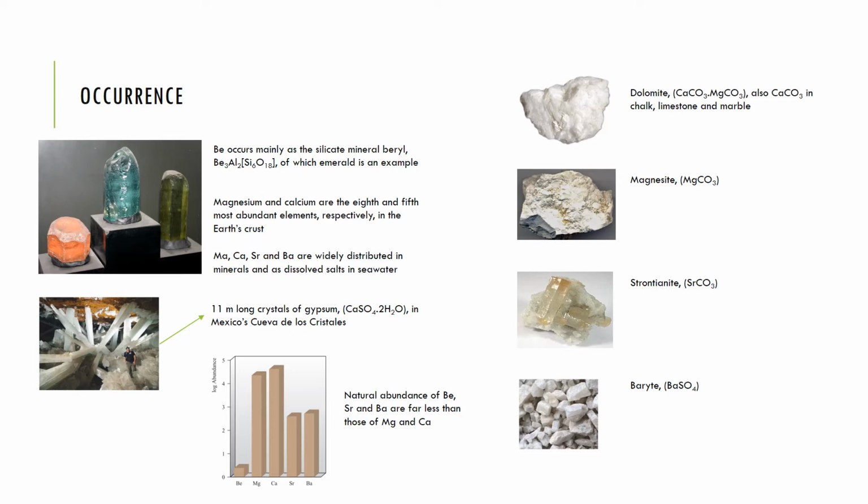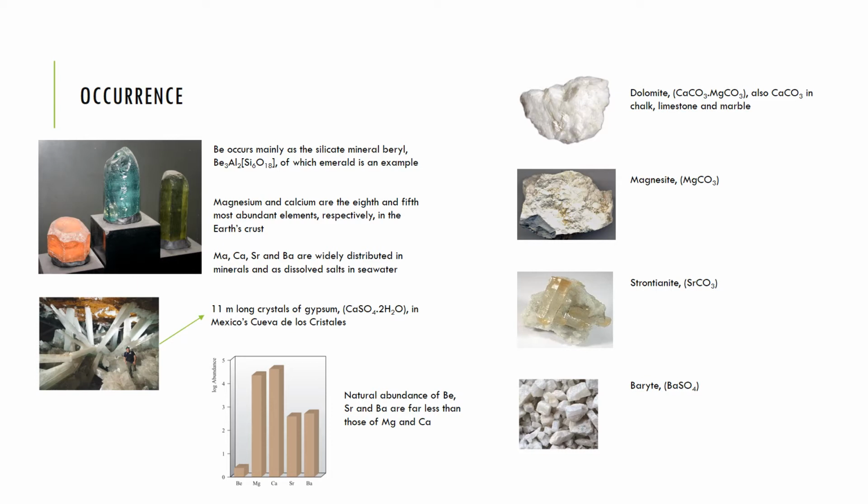And indeed, you get these beautiful tens of meters long crystals of gypsum, which is a calcium containing mineral, in Mexico. And there's a picture there of the Cueva de los Cristales in Mexico.